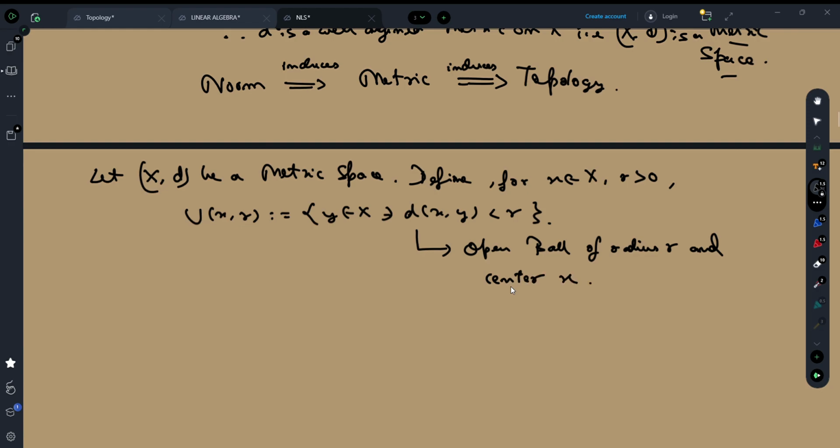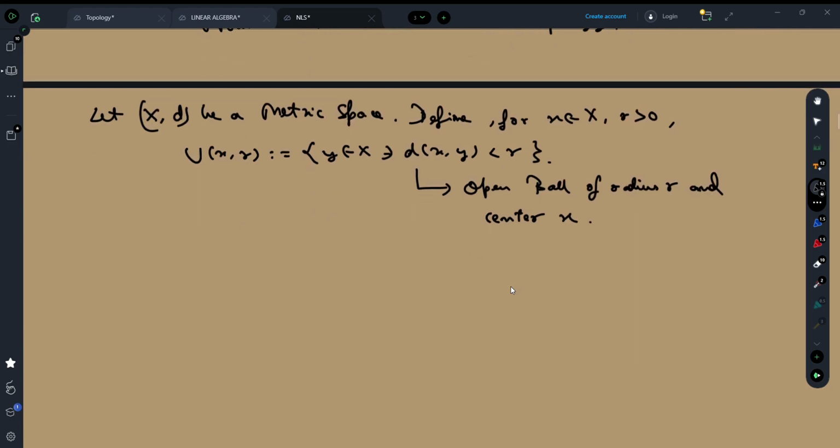These open balls are indeed open sets with respect to the topology, but let's not talk about that. We have a definition for open sets in terms of metrics as well, but I am not going to discuss that in this lecture. The main thing to focus on is that the collection of all these open balls, where x is in capital X and r is greater than 0, generates a topology.